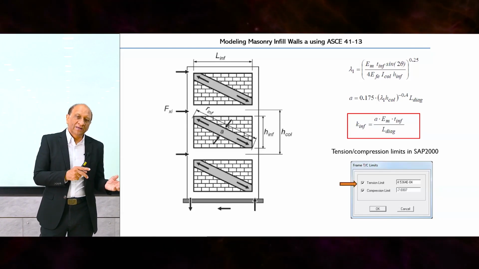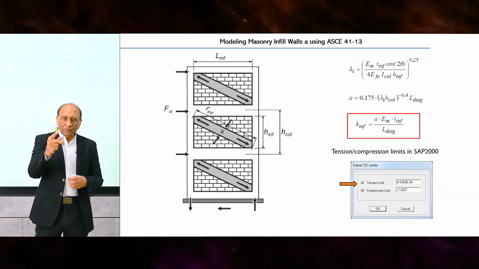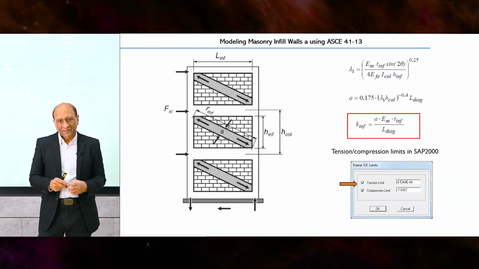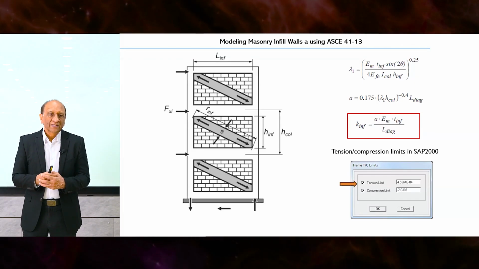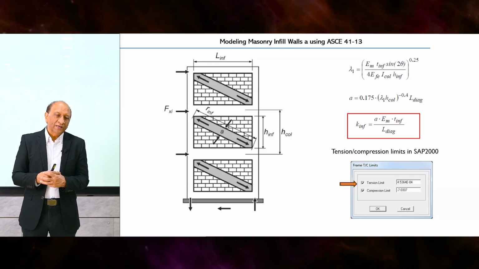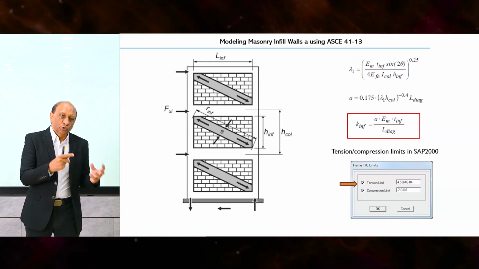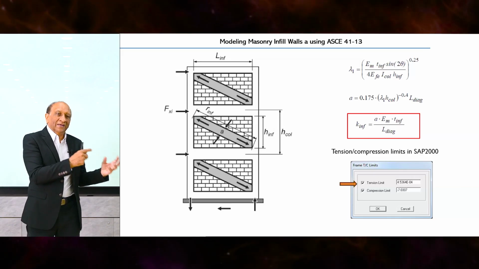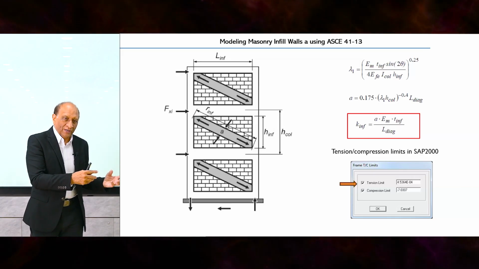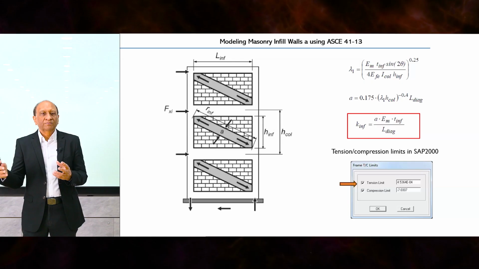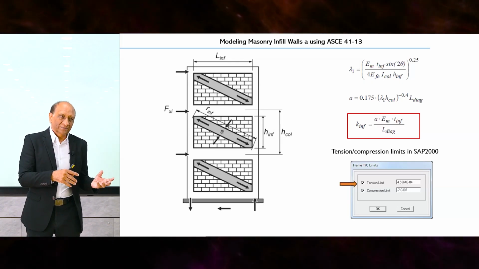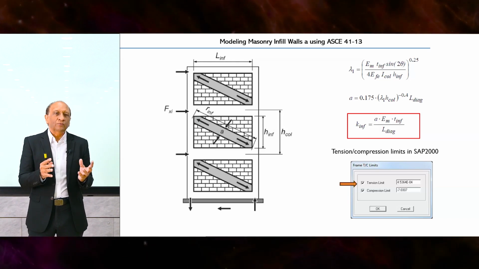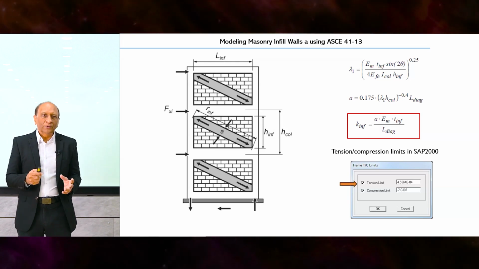So tension limit and compression limits should be calculated and put as data. And then use these struts as tension compression controlled elements. And that way you can capture the true behavior of the wall, which in the beginning is acting as a strut. At some point it breaks and becomes disconnected and doesn't take any tension. So it's a very nice, neat way to represent the global behavior of the wall.